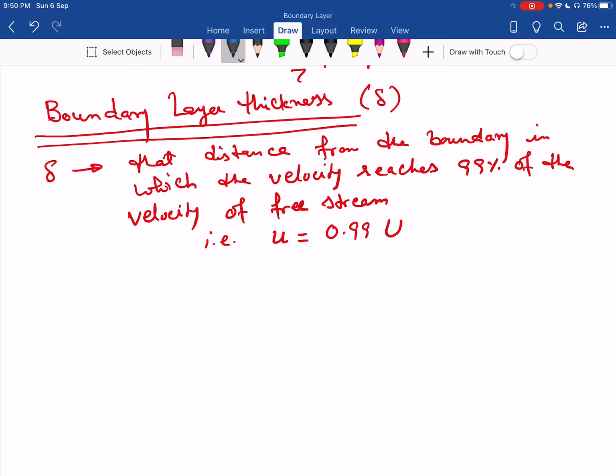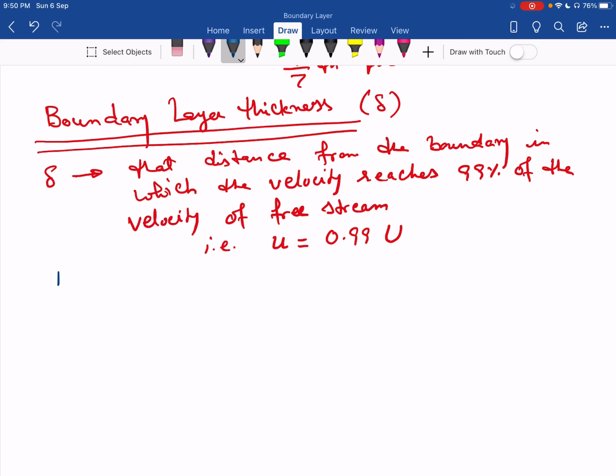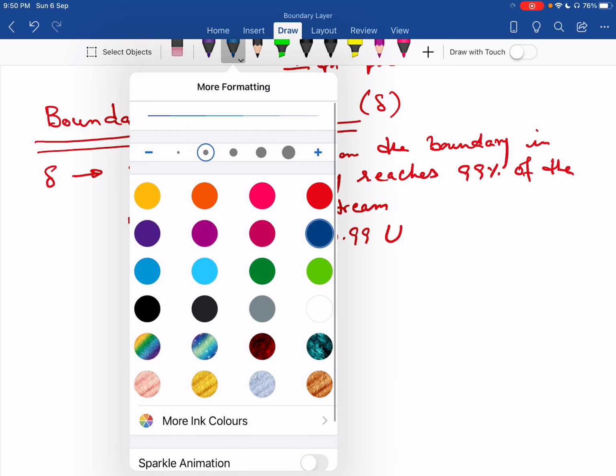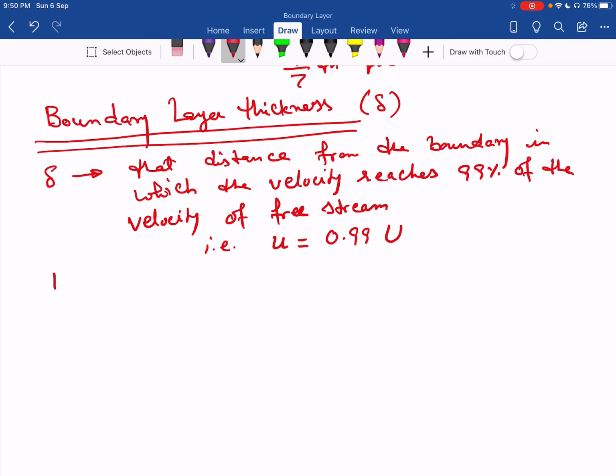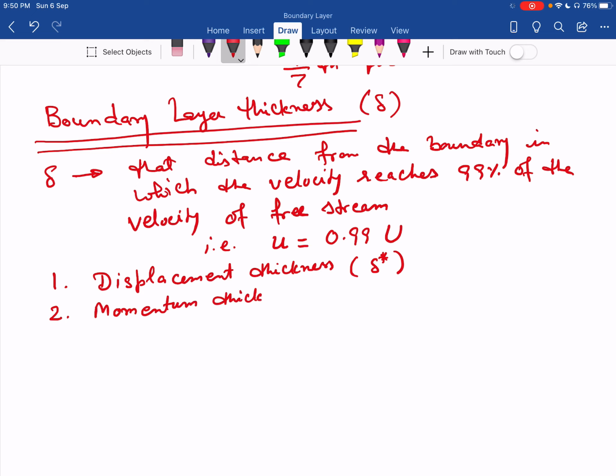The first one is called displacement thickness, which we represent by delta star. The second one is momentum thickness, that is theta.